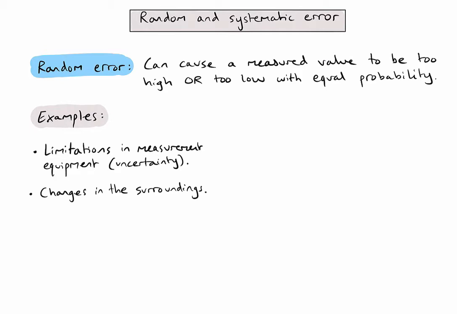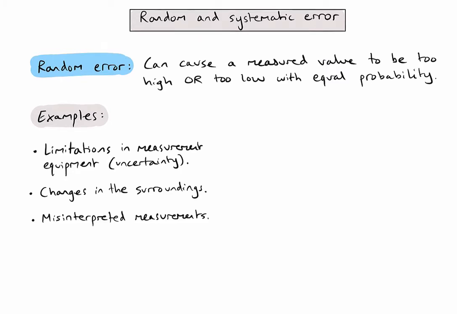A third common example might be misinterpreted measurements made by myself or the people in my group during the experiment. For example, I might be recording the time taken for a colour change to occur in a solution. If different people in my group are recording these times, they might judge this colour change at slightly different points.